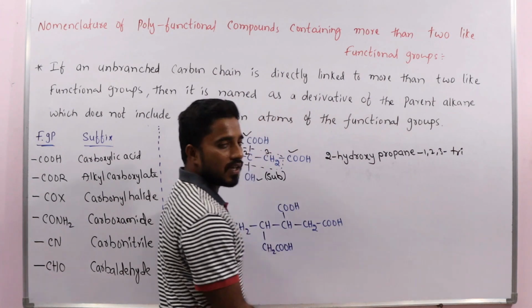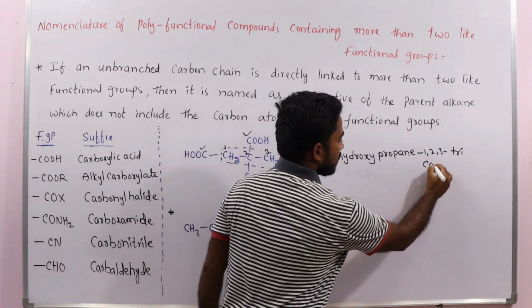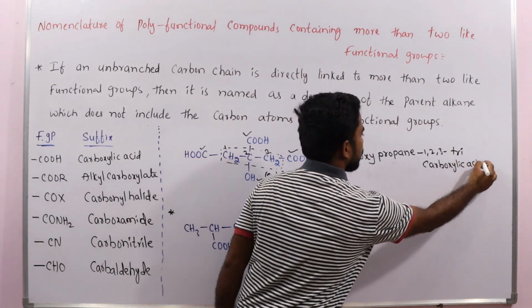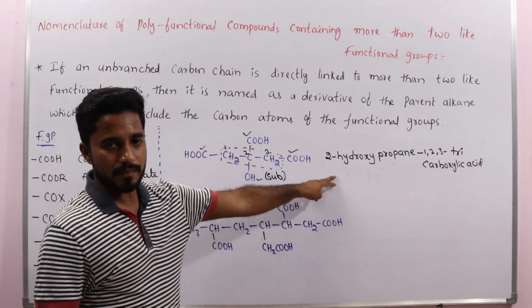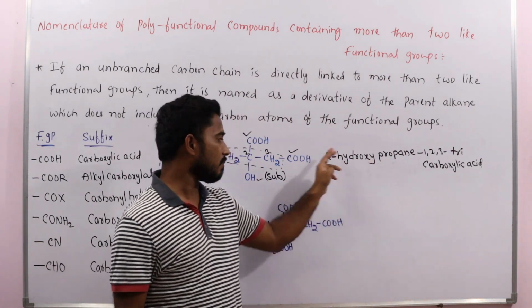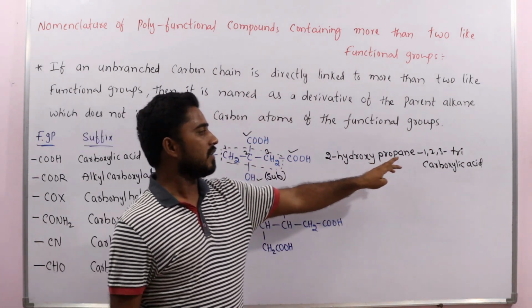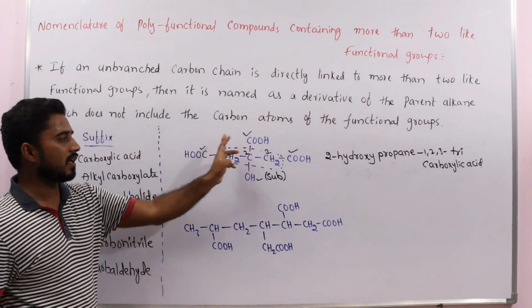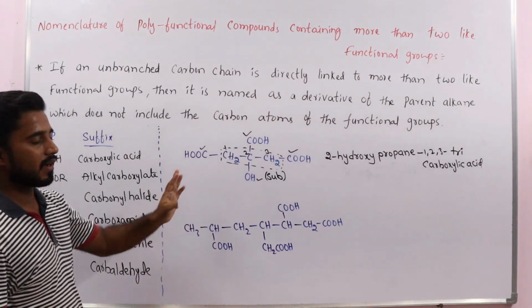Totally 3 are there, that's why tricarboxylic acid. 2-hydroxy at second position OH group, 2-hydroxypropane, 3 carbons in the parent chain, then 1,2,3-tricarboxylic acid. 3 carboxylic acid groups are present on the parent chain.